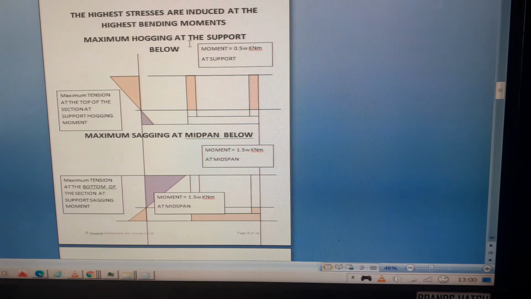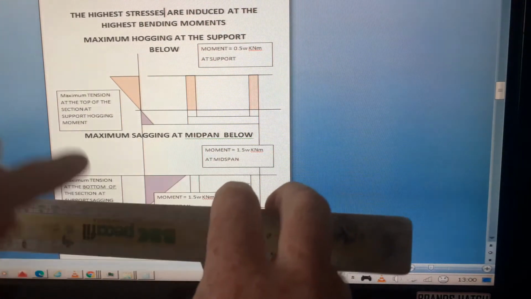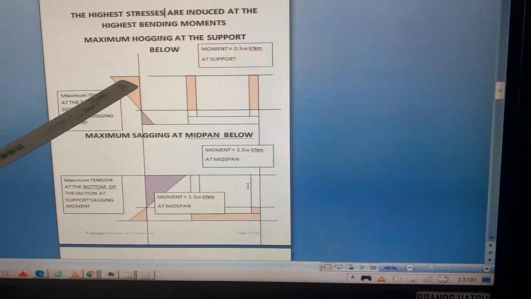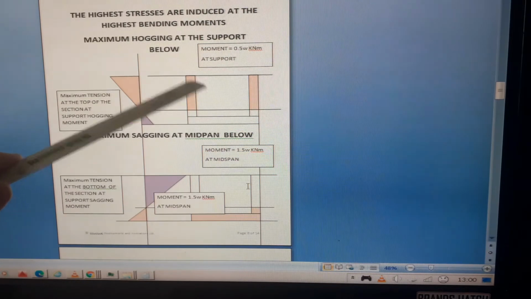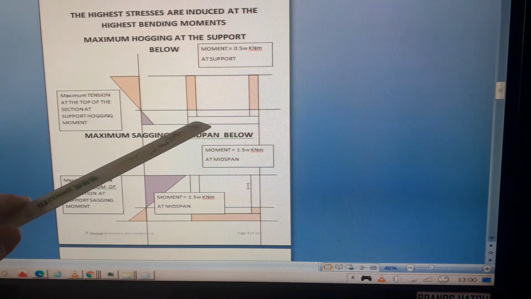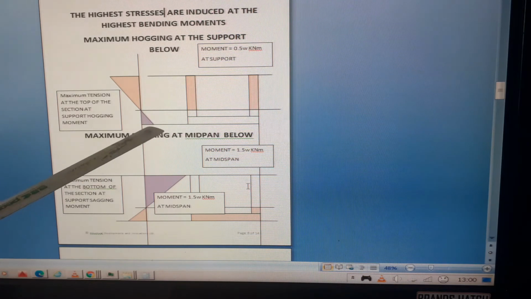So we've got the maximum hogging moment at the support, which is 0.5W. So that means it's going to try and create tension at the top. We've got a hogging moment, it's going to go this way, going to create tension at the top. So where I've drawn the orange, that's going to be in tension, and the bottom of the beam is going to be in compression.